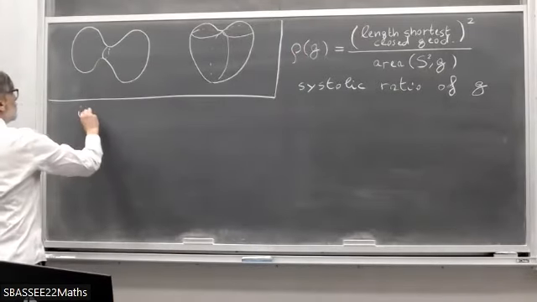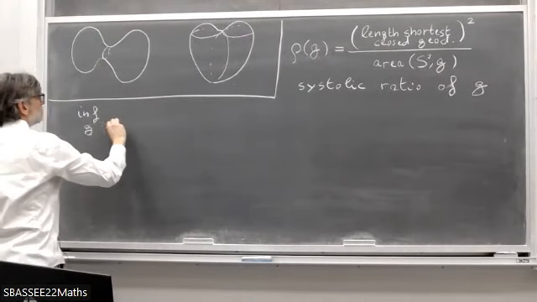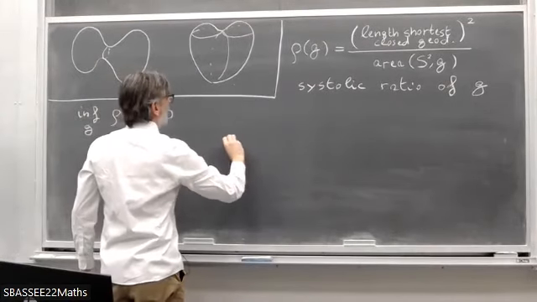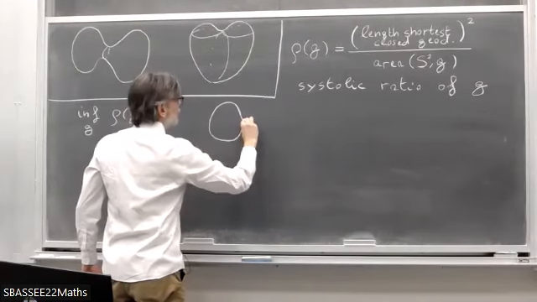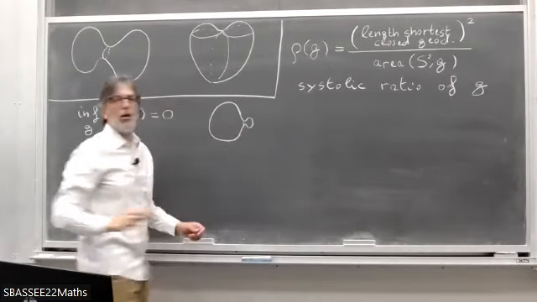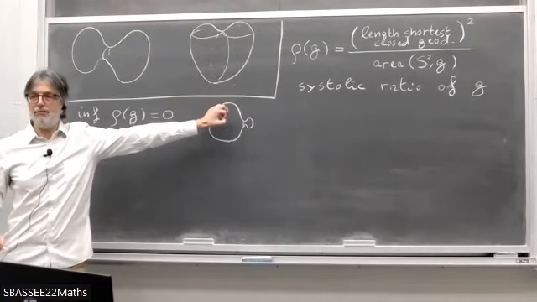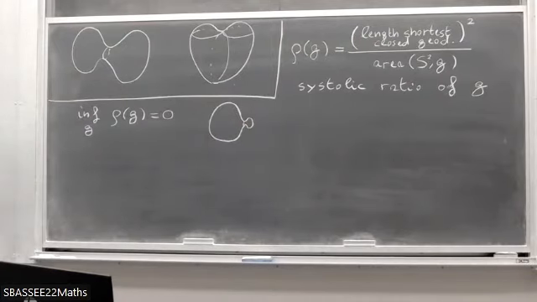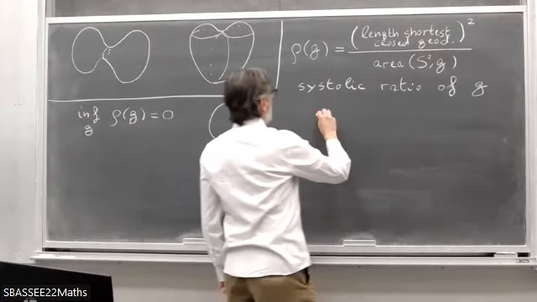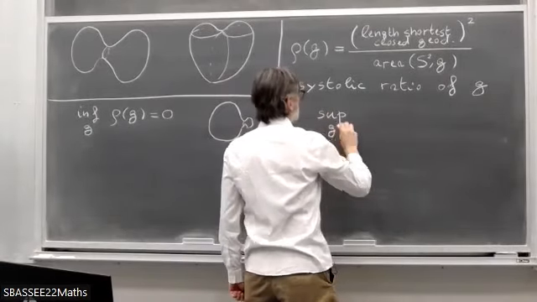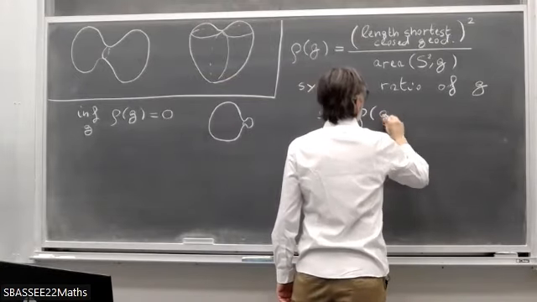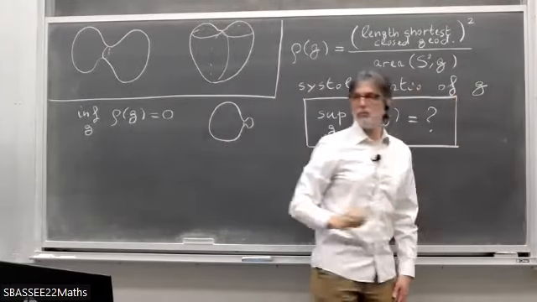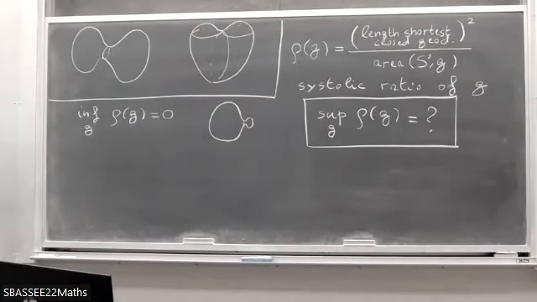The infimum over all possible metrics of the systolic ratio is 0, because with the surface area fixed at 1, I can find a metric which has a very short closed geodesic. So the interesting question is actually to try to maximize the systolic ratio.